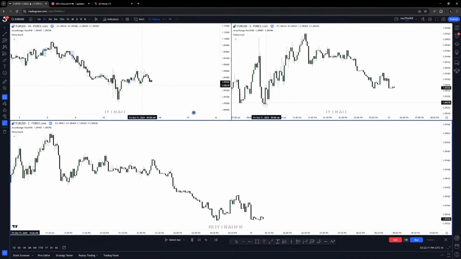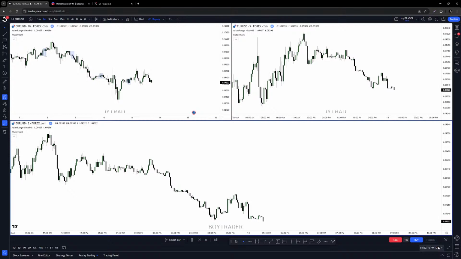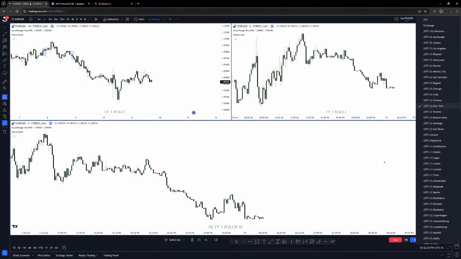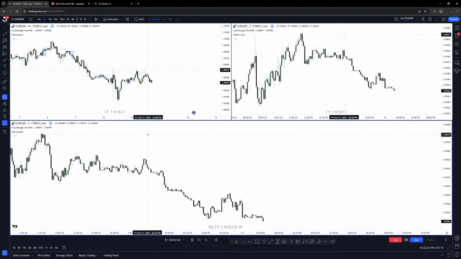My chart here is set to New York time. So we're going to be marking out 2 a.m. to 5 a.m. New York time.